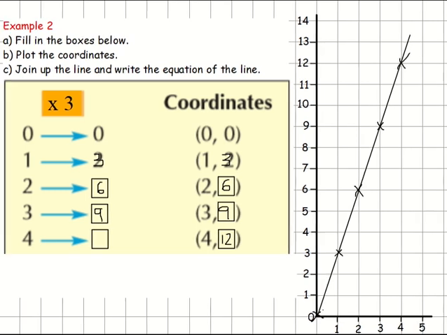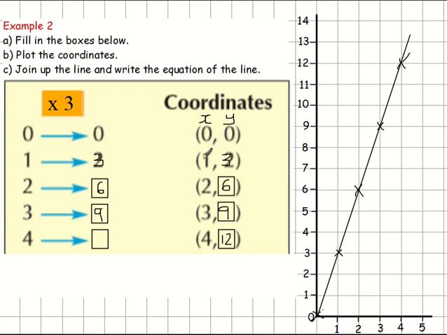Can you think what the equation of this line is going to be? What is the y coordinate in terms of the x coordinates? So remember, this is the x coordinate and this is the y coordinate. What is y in terms of x? Well, 0, 0, I can't really compare them with that one, but I can compare them with this one. Y, I reckon, is x times by 3.